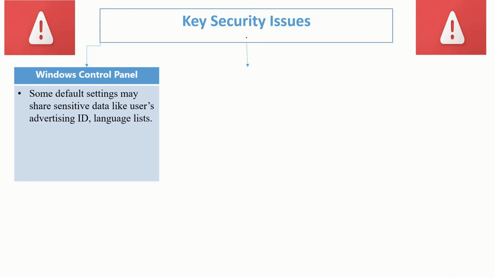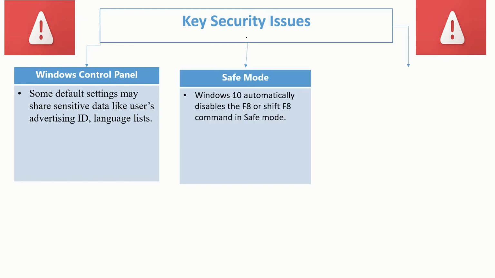Previously, Shift F8 or the F8 key was a shortcut to initialize the safe mode protocol on a Windows operating system. But with the development of Windows 10, unfortunately, this option is automatically disabled when it comes to the shortcut.